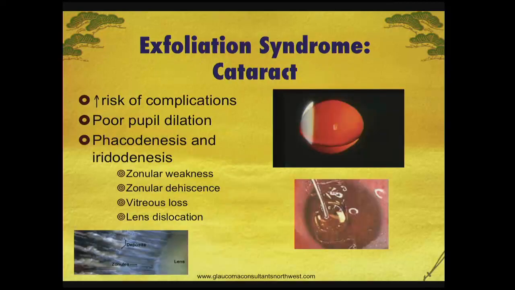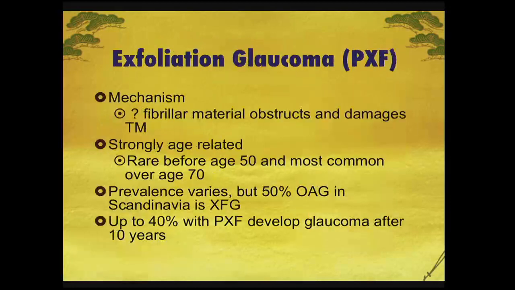The risk of complications with cataract surgery is higher, as you all know, because the pupil doesn't dilate well and because there can be phacodonesis from zonular weakness. So obviously there's a higher rate of vitreous loss and lens dislocation during surgery. There can also be a high rate of lens dislocation years after the surgery, which can lead to UGH syndrome, which we'll talk about in a little bit.